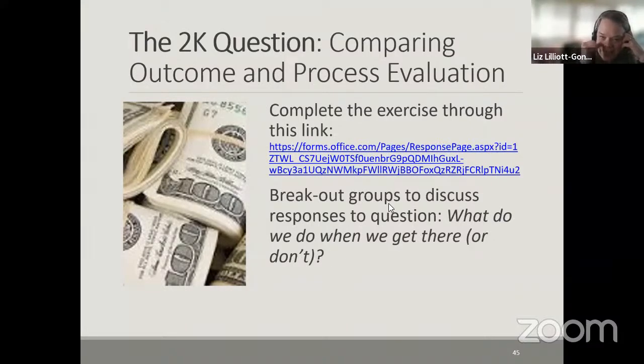All right. So here's the final question and what we're going to do. We'll break out into groups. There is a form, I think I said it was a Google form, but it's actually on Office.